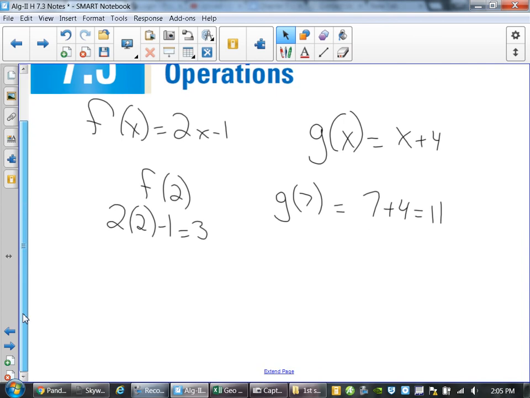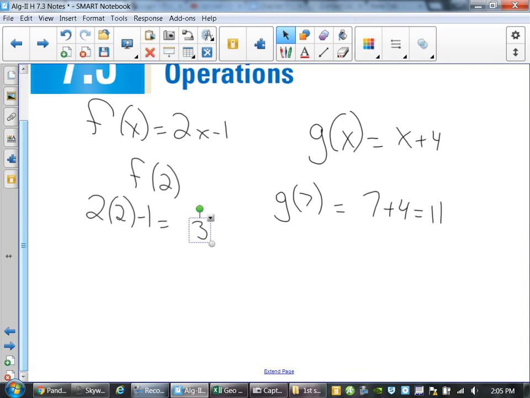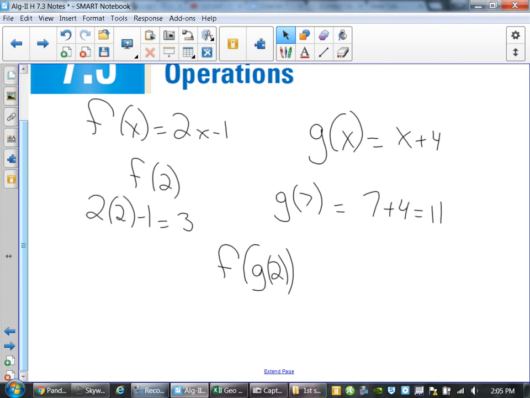Now, what about this? What if I did this? What would f of g of 2 mean? Inside out. Perfect. Work on the innermost parentheses like you would in order of operations and build yourself out.